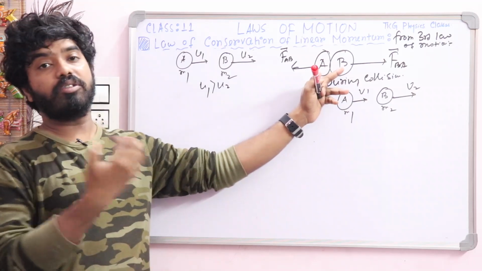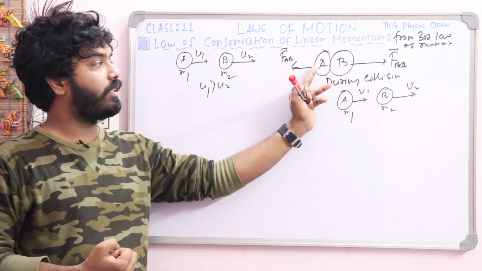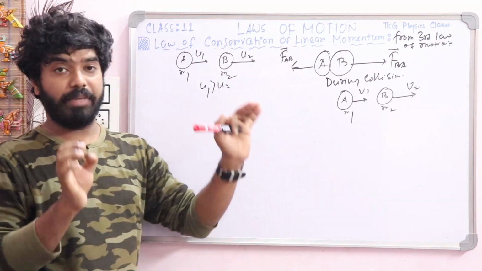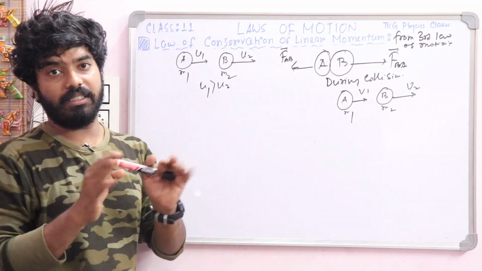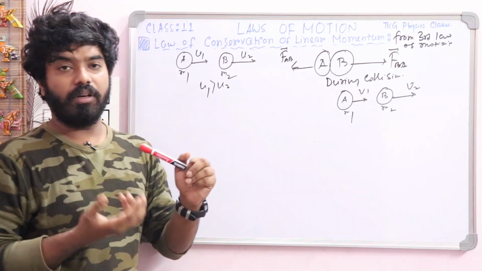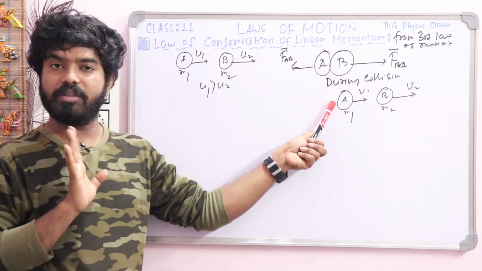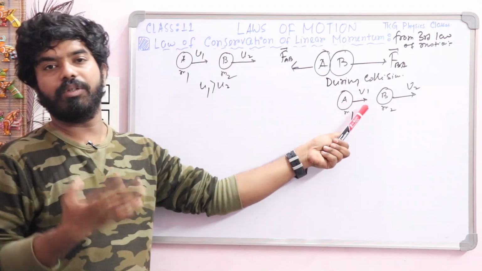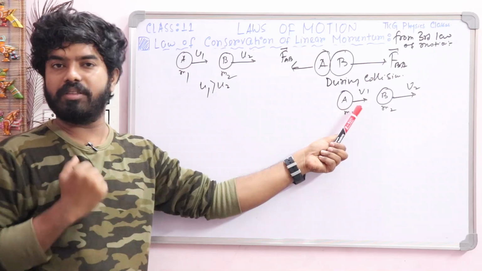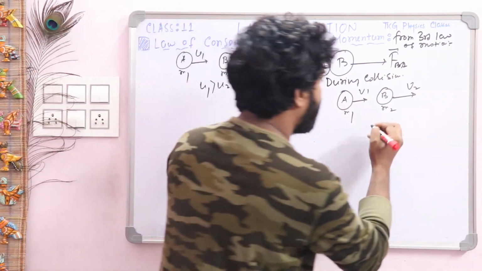Similarly, body B also exerts a force on body A which is directed in the opposite direction. This collision happens in time del t. And after collision, body A is moving with velocity v1 and body B is moving with velocity v2. That means the velocity changes after collision. So this is the expression after collision.